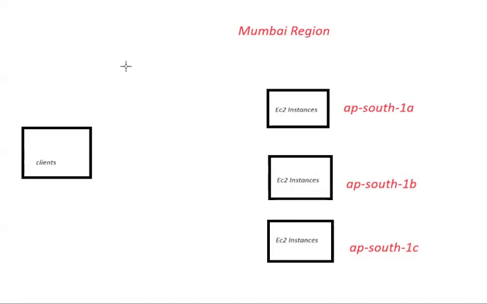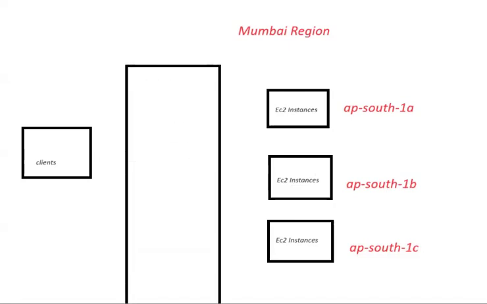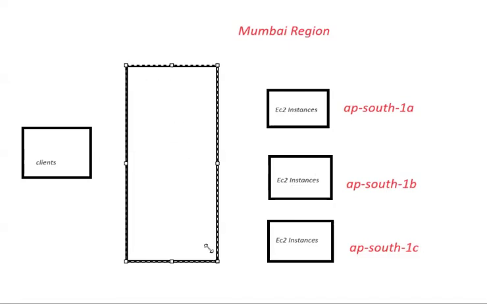Who is present in between my clients and my web servers to distribute the traffic? Who manages the traffic between my clients and distributes it to all my servers? I already told you, that is the load balancer.